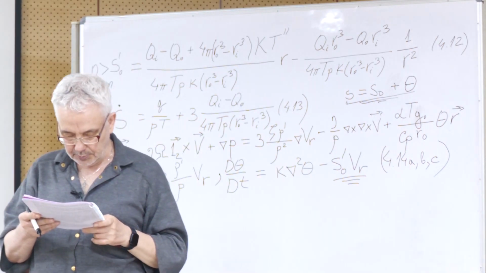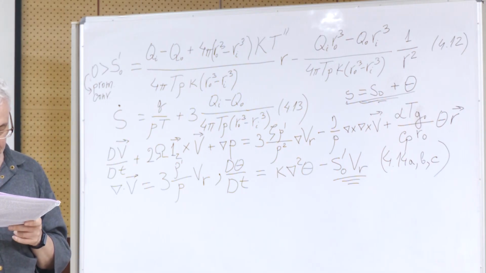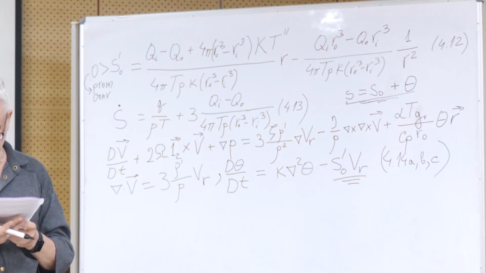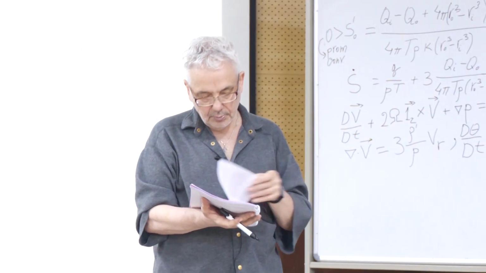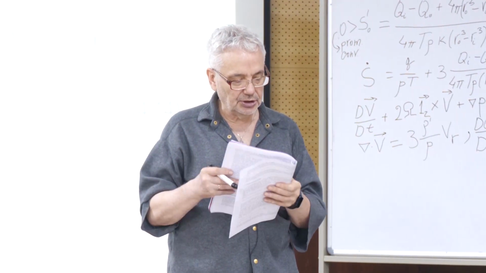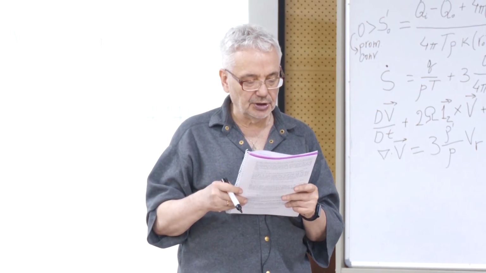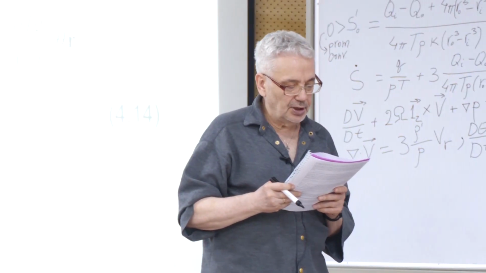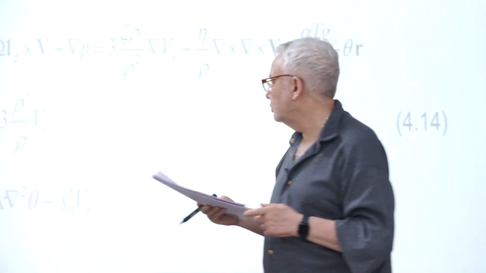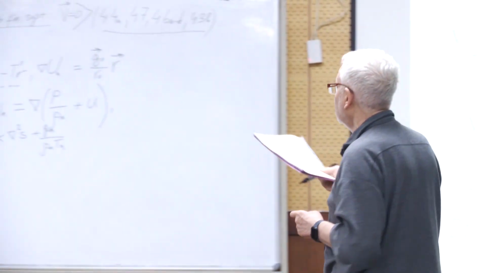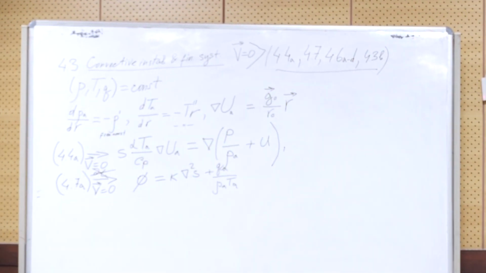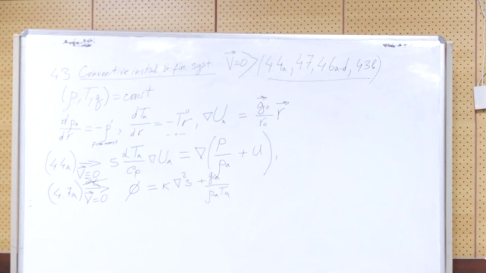Here and below it represents not the entire, see above, superadiabatic entropy, but its dynamical part minus the stationary solution, which is obtained from 4.12 and 4.3b. This one. 4.12 is here.